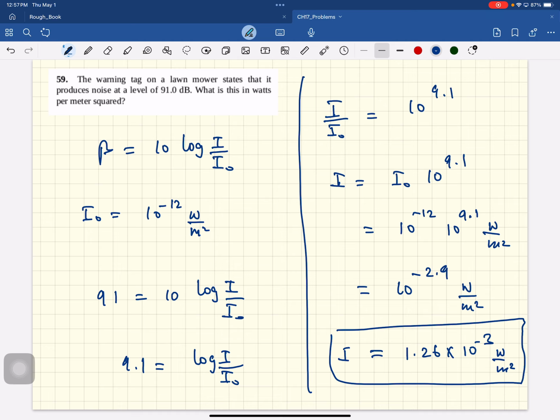Okay, 1.26 milliwatts per meter squared. A sound intensity of 1 watt per meter square is 120 decibels, so this is 1,000th of it.